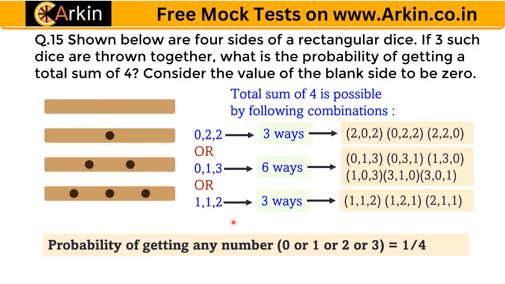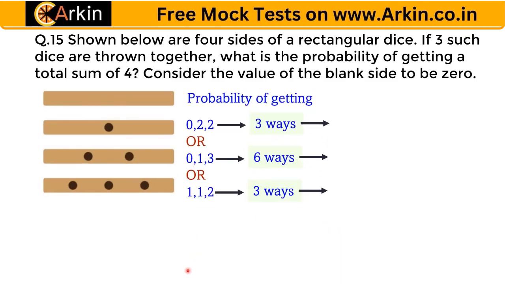Now the probability of getting any number, whether it is 1 or 0 or 2 or 3, will be 1 by 4, because 1 out of 4. Now the probability of getting 022 will be 1 by 4 into 1 by 4 into 1 by 4 into 3, because this 022 can be got in three ways, and the probability of getting each number is 1 by 4.